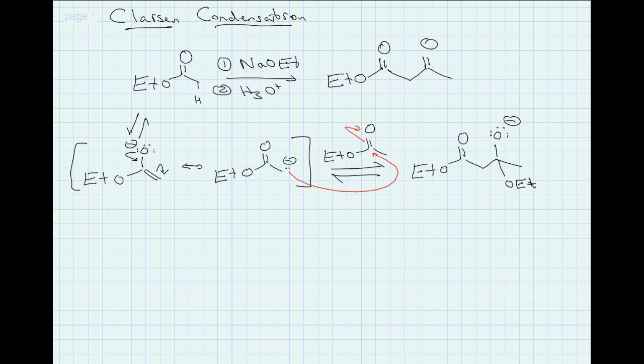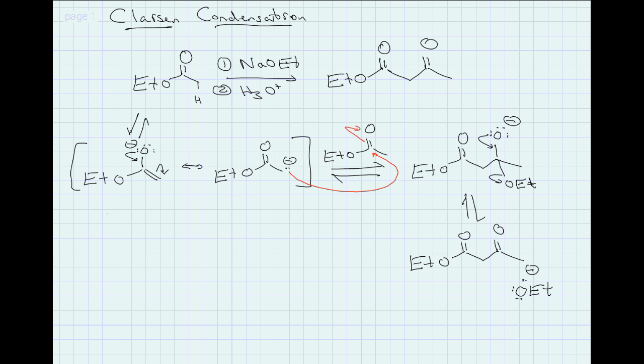So what's going to happen is we're going to regenerate our carbonyl, and we actually have a decent leaving group here. So we're going to lose ethoxide. And if I redraw this like this, what we have at this point is what looks like our product, but we also have ethoxide present in solution because that was our leaving group.